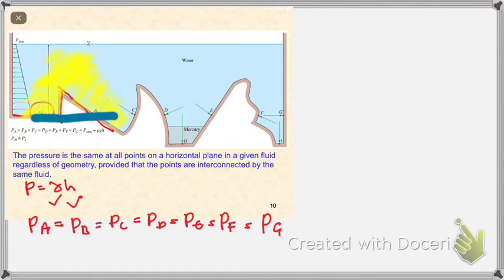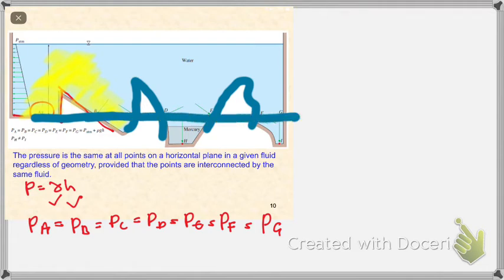So the shape of the obstacles between those points does not affect the pressure at points D, E, F, and G as long as they are on the same horizontal level.